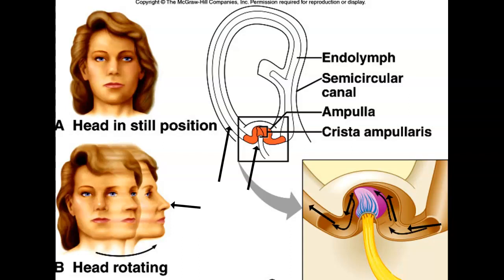And as that fluid moves across the crista ampullaris, it's going to bend the crista ampullaris, and those sensory hair cells will then send information to the brain about which way it's bending. So when you bend it one way, it might depolarize. When you bend it the other way, it might hyperpolarize. But that signaling information will be sent to the brain so the brain can understand what way your head has moved.